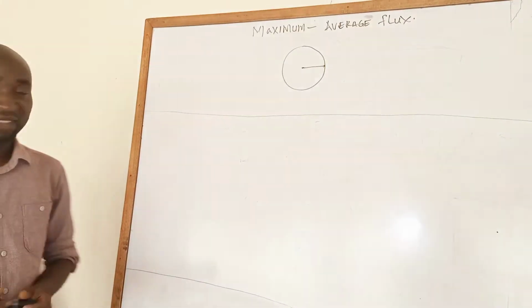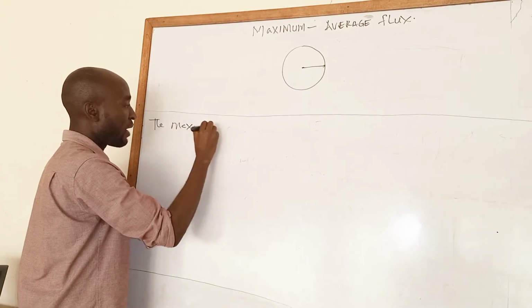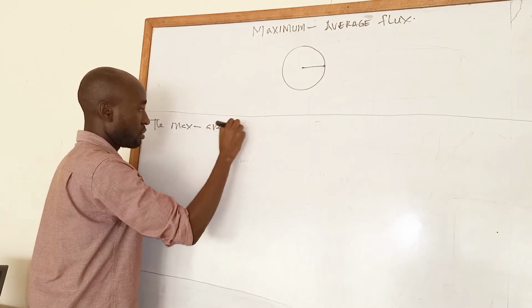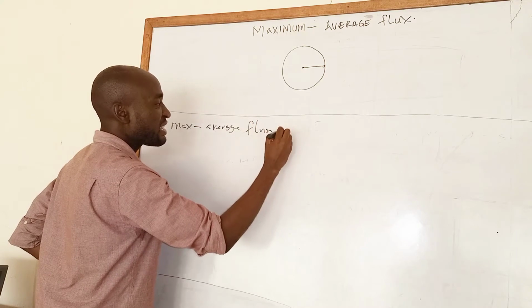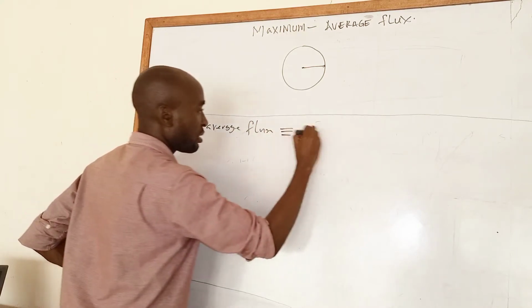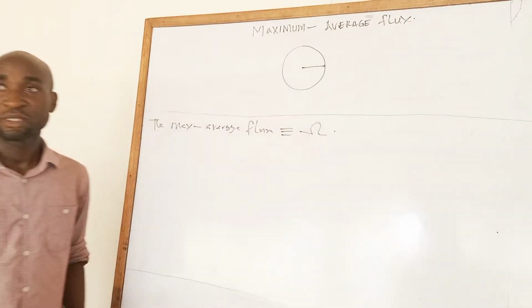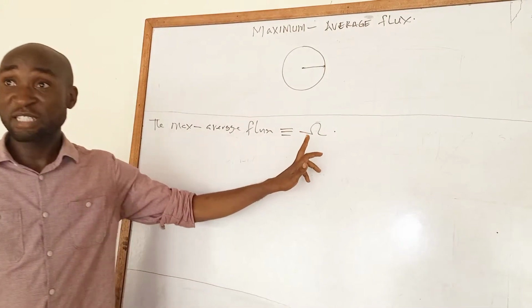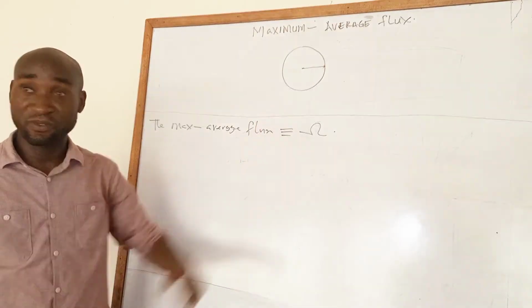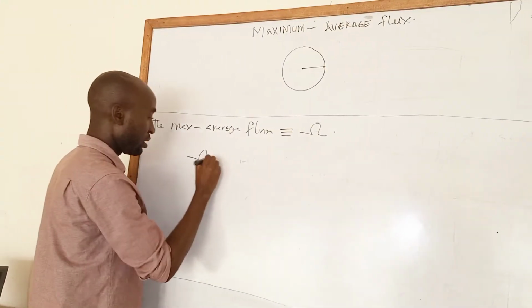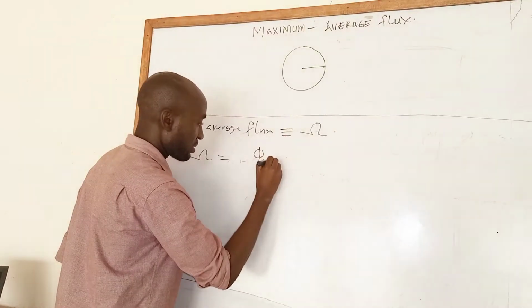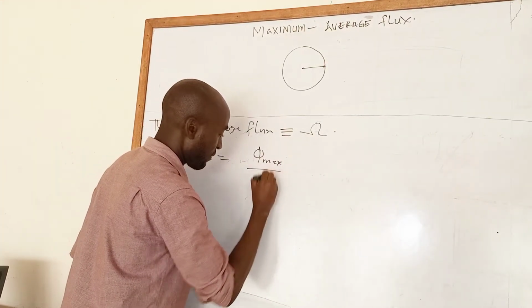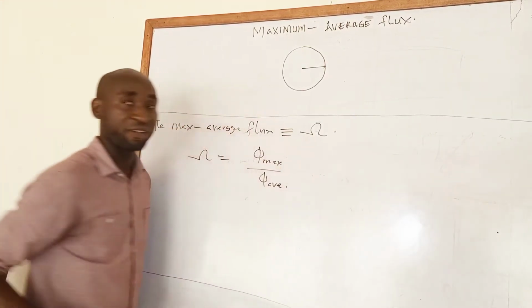Now, before I start, the value of the maximum to average flux is normally denoted by capital omega. So when you see this, it means maximum flux to the average flux. That is, omega is equal to phi max over phi average.